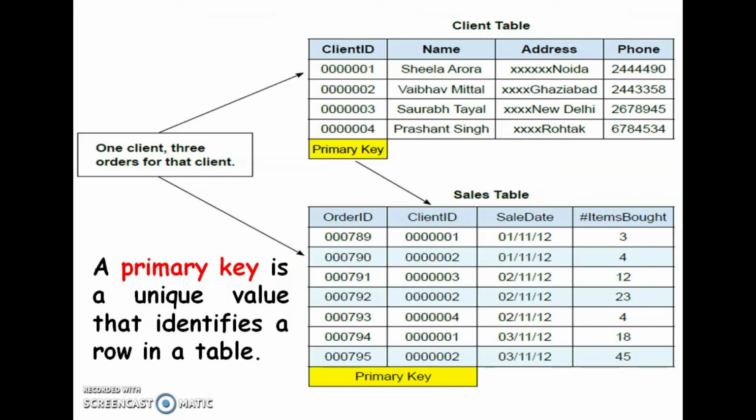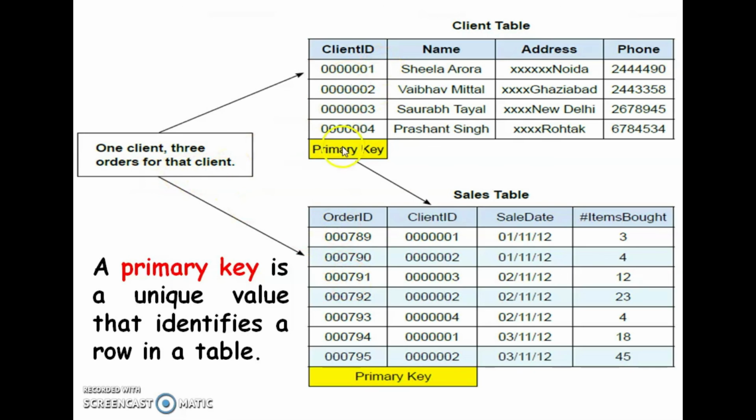The next one, another term, that is a primary key. A primary key is a unique value that identifies a row in a table. By using this primary key, we can identify a row in a table. Here, check this one, client ID. That's a primary key. Your roll number, that's a primary key. Here, client ID and order ID is the one client, 3 orders for that client.